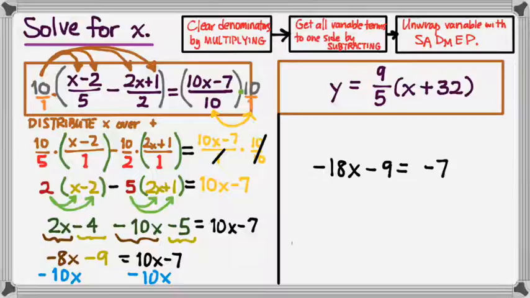And now that all of my x's are on one side, all we have left to do is unwrap those x's by reversing the order of operations. If I'm reversing the order of operations on the left-hand side of my equation where I have both multiplication and subtraction happening, what should I undo first?